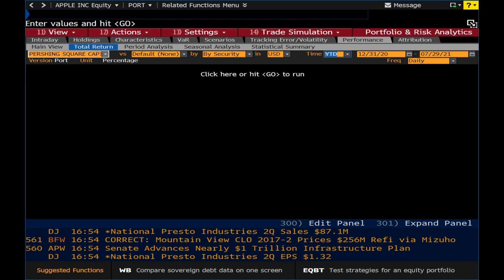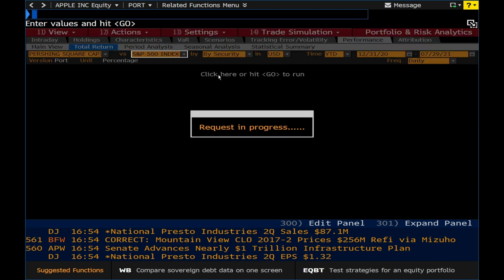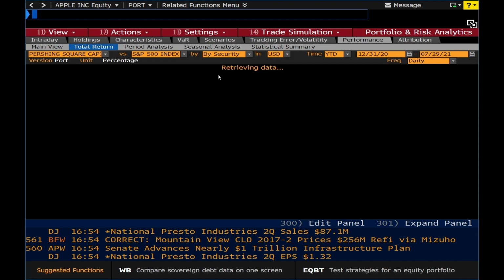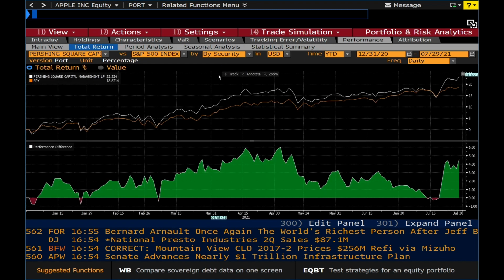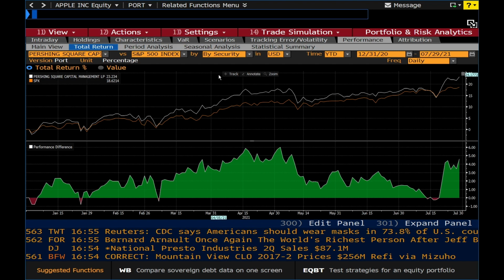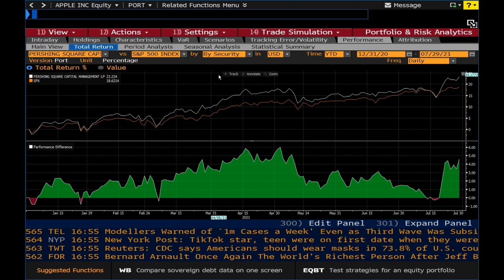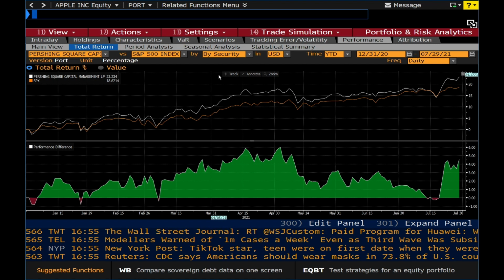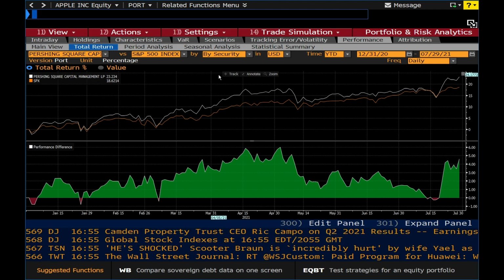And we can compare this portfolio to the S&P 500. It's going to take a sec to put that together. Okay, so every manager wants to know how they're doing compared to the index, and you can see that Pershing Square, at least according to this portfolio, is outperforming the S&P 500 this year.